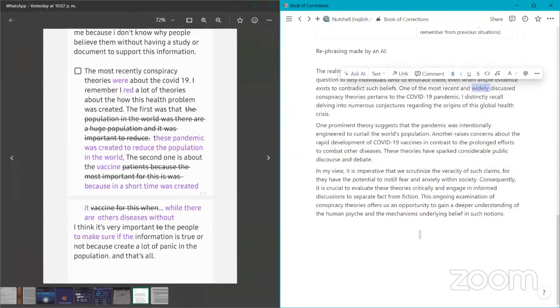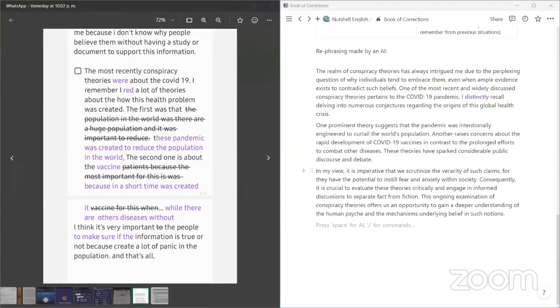I distinctly recall delving into numerous conjectures regarding the origins of this global health crisis. One prominent theory suggests that the pandemic was intentionally engineered to curtail the world's population.